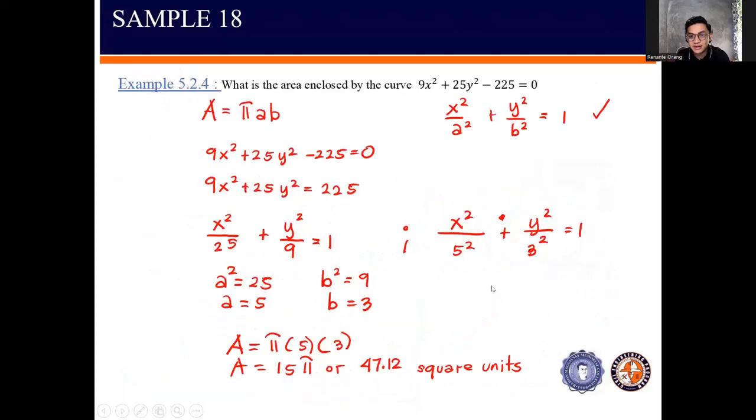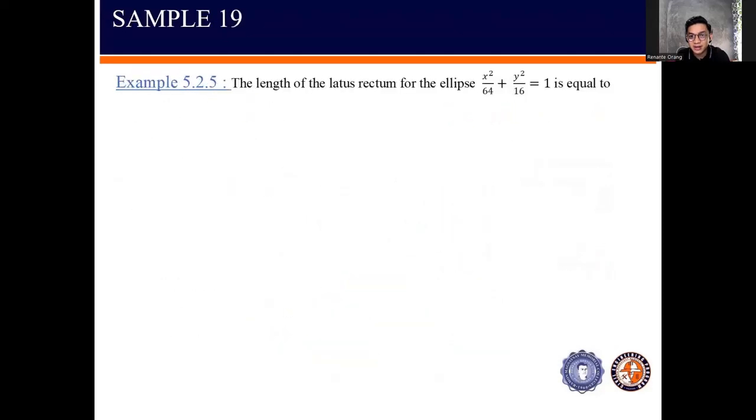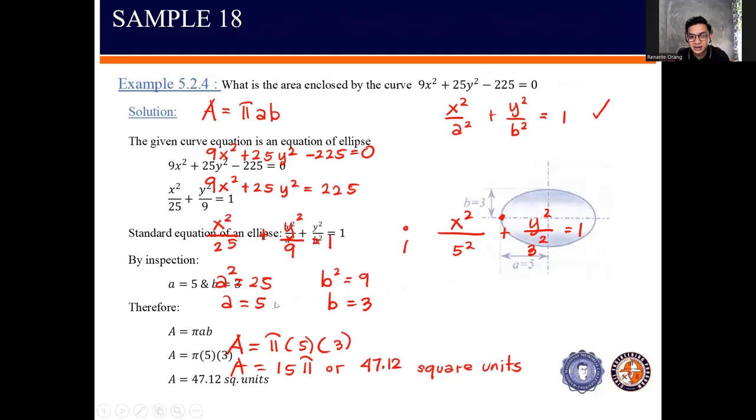So yung isang vertex natin is negative. Yan lang yung kaibahan niya. Negative yung ating A. So nandito sa kabila, negative 5. So A is negative 5 para sa kabila.